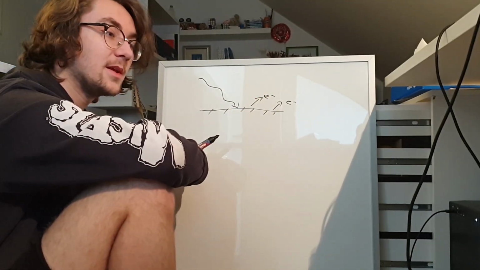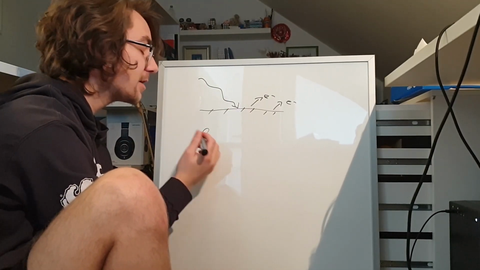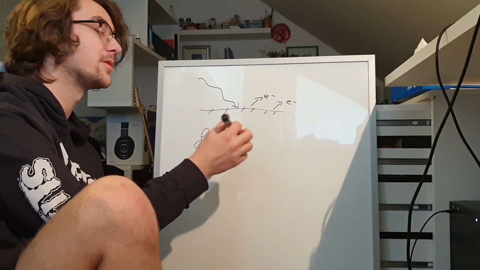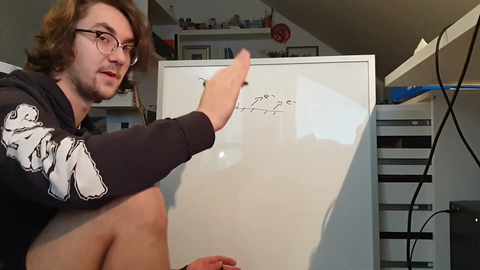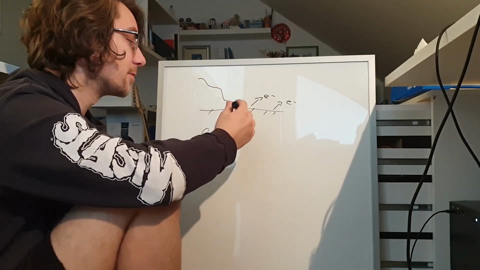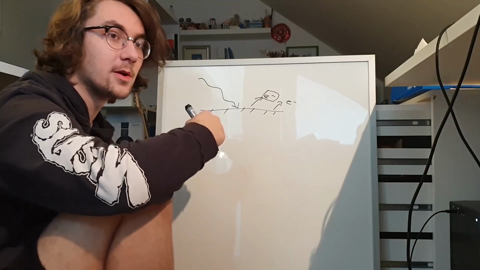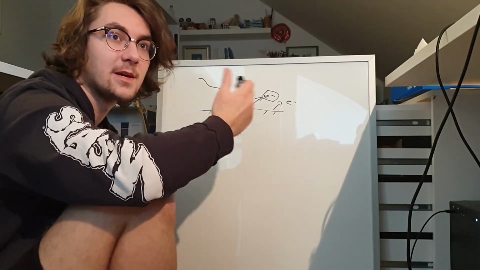Why that happens is determined by the frequency of the light, and the frequency of the light is the most important thing in the whole photoelectric effect. Because if we don't have a frequency strong enough to release enough energy for the electrons to pop off, we're not going to experience the photoelectric effect.